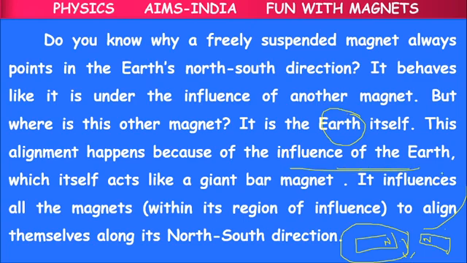It is because of the influence of the earth, the giant bar magnet, a very big bar magnet, that the needle of the compass is moving. So it means that the earth also behaves like a magnet. That's why, under the influence of the earth, some of the directions in the compass are changing.